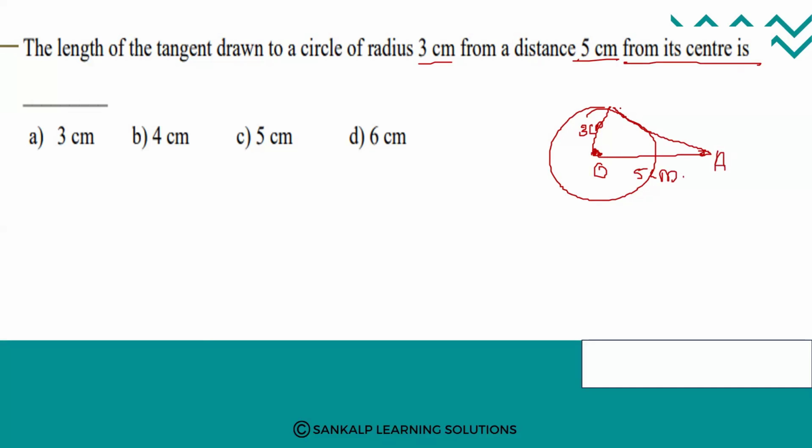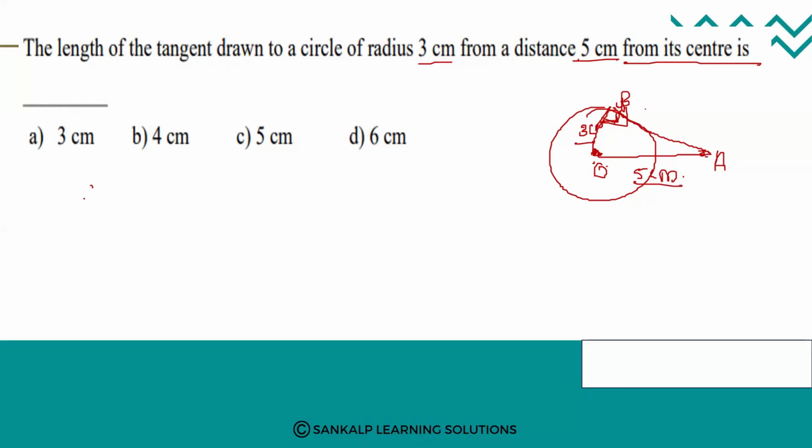Call this point A and this is B. Okay, now OAB is a triangle and it makes a 90-degree angle here. So when a line is perpendicular to the radius of the circle, it makes a 90-degree angle here. Now, here it is 90-degree and the line OB is 3 centimeter and OA is 5 centimeter.